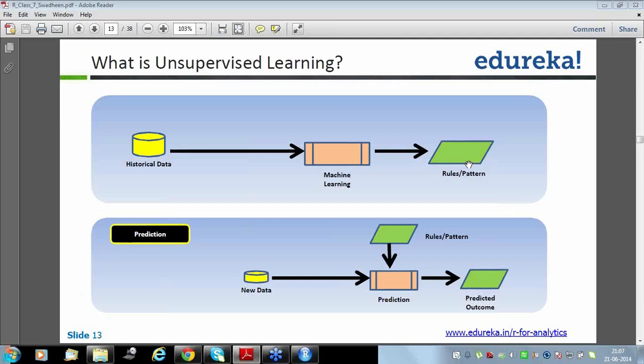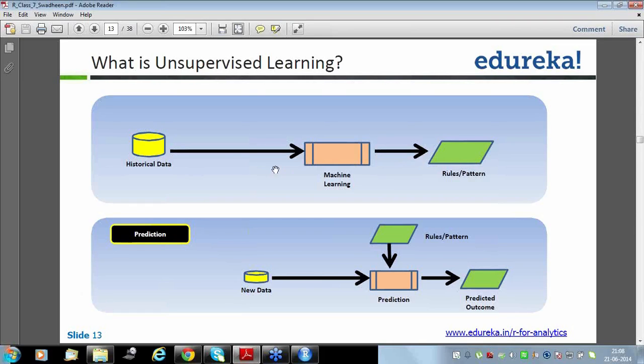So you cannot rely on the outcome of the algorithm itself. You need to apply your business logic. You need to apply your statistical knowledge, right? Your domain knowledge. Then only can you figure out which model is working very fine, because you do not have a training data set or test data set with you.